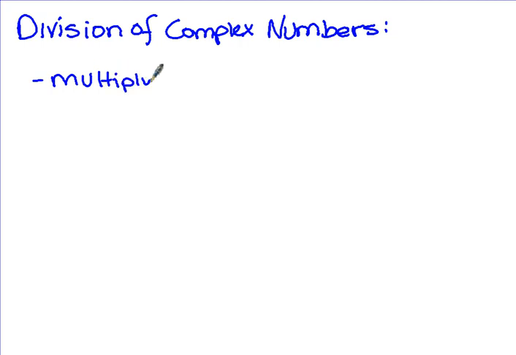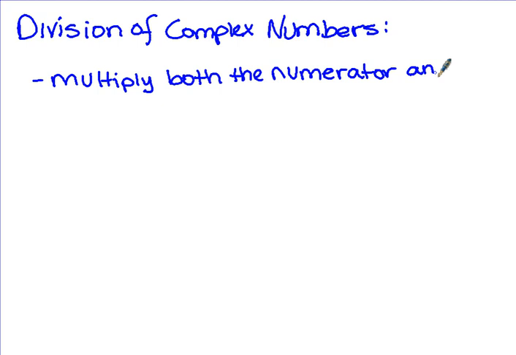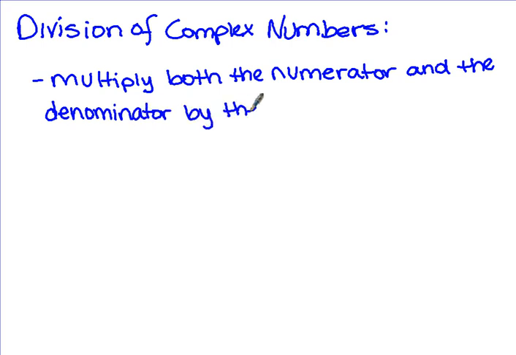We're going to multiply both the numerator and the denominator by the conjugate pair. Let's look at an example.